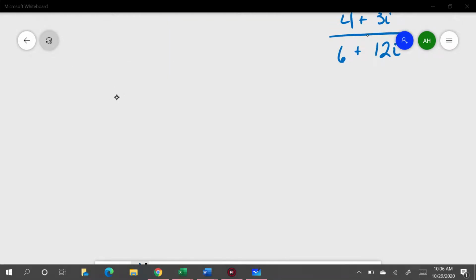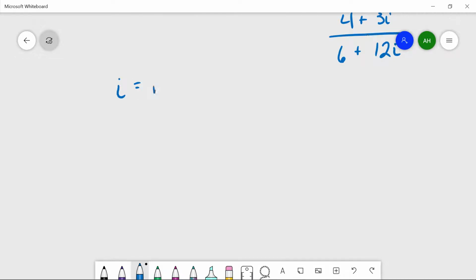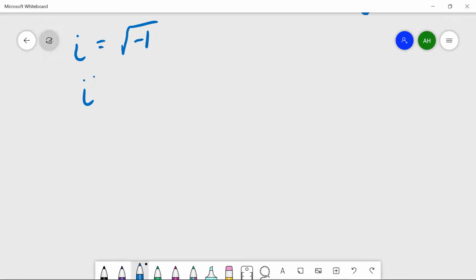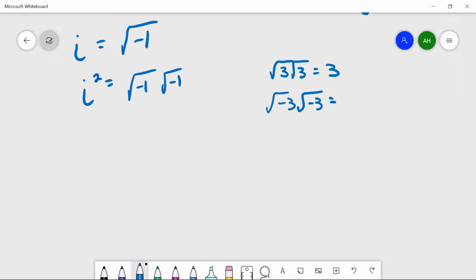All right, let's think about this. We've got that i is going to equal the square root of negative 1. So then if I have i squared, that's going to equal the square root of negative 1 times the square root of negative 1. Remember how the square root of 3 times the square root of 3 equals 3, and where we said the square root of negative 3 times the square root of negative 3 also equals negative 3, and the square root of 9 times the square root of 9 equals 9.